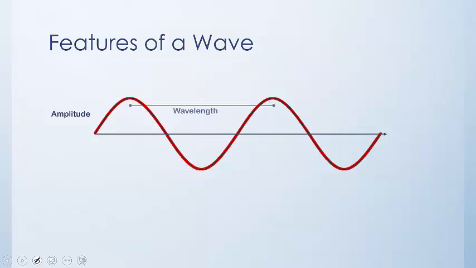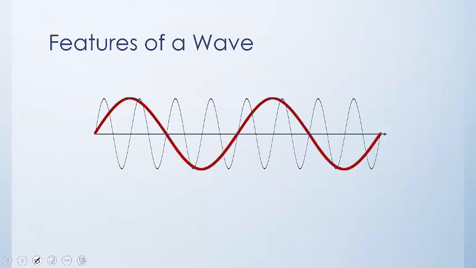The next term we need to define is the wavelength. The wavelength is the distance that separates one trough from the next trough, or one crest from the next crest. Now that I have this red wave on the screen, I'm going to superimpose a blue wave on it. Notice that these 2 waves have the same amplitude, in that they have the same height that they achieve from the origin.